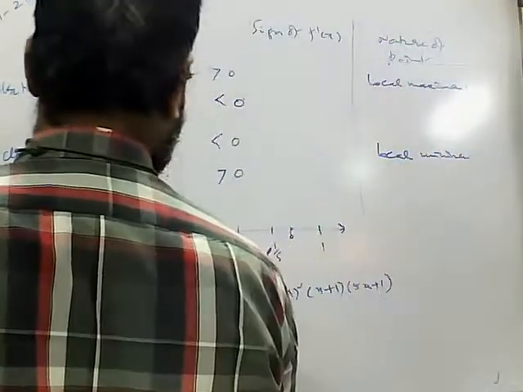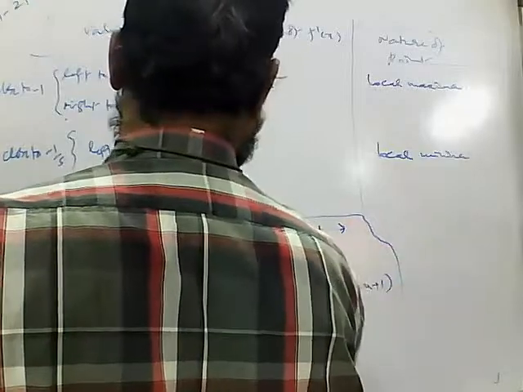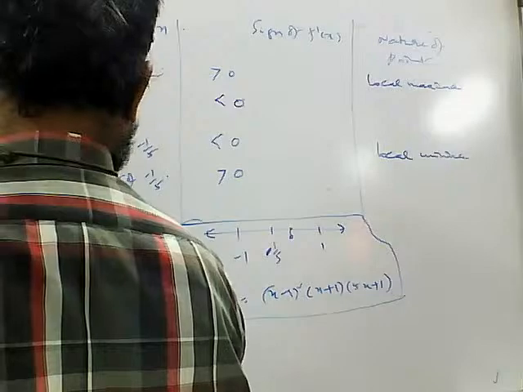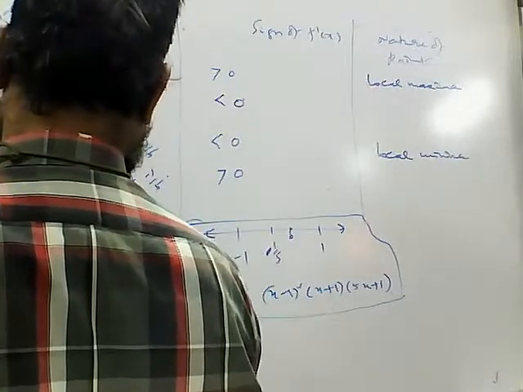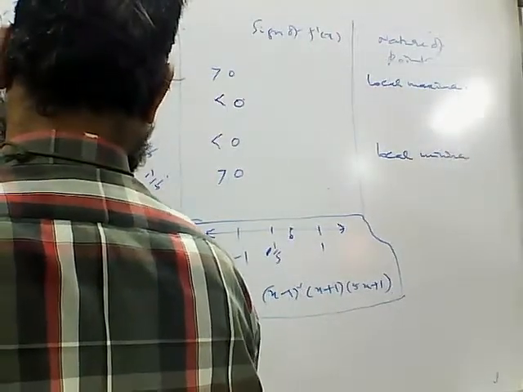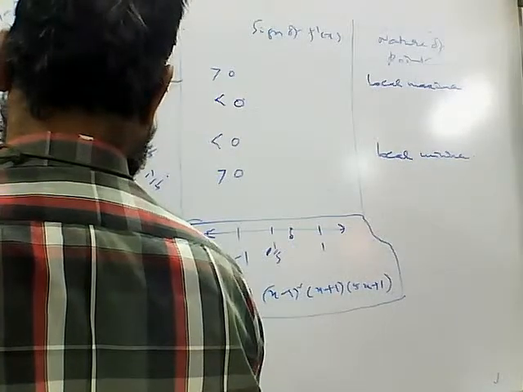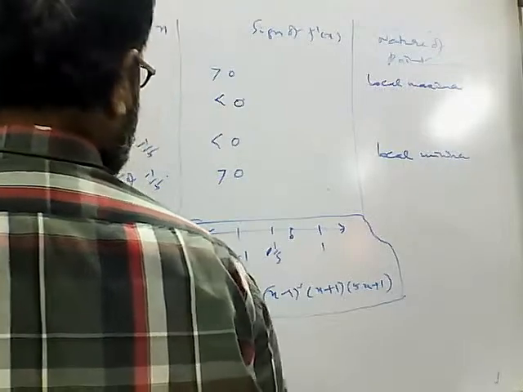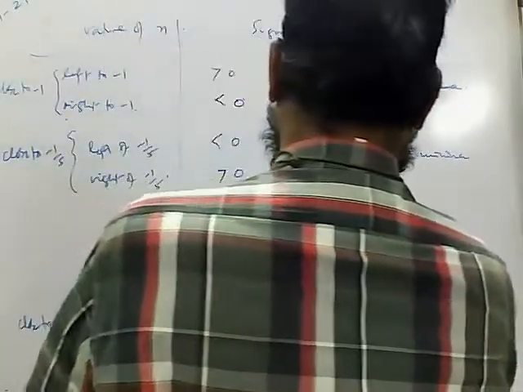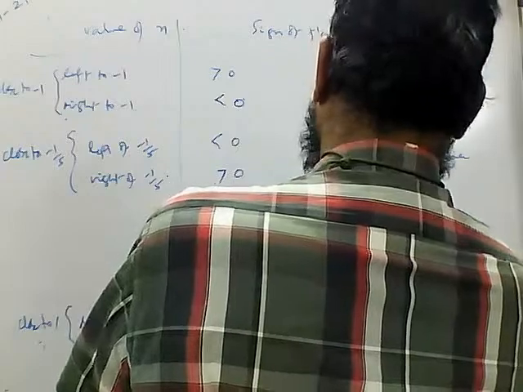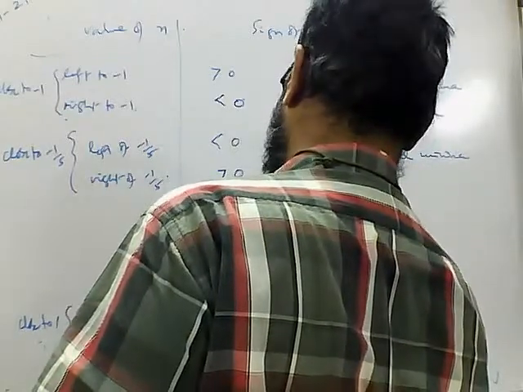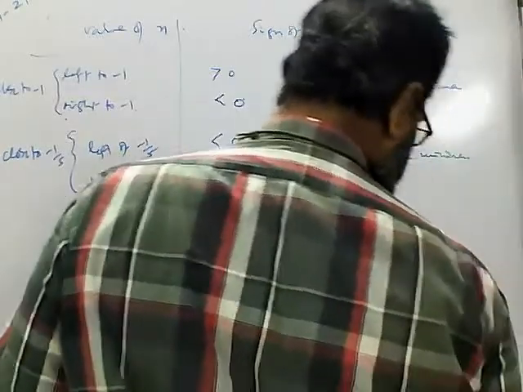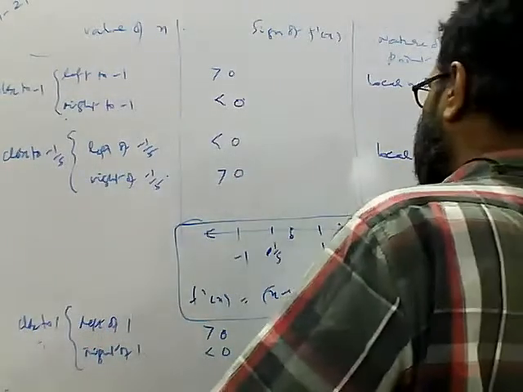Third case, close to 1: left of 1, right of 1. Left of 1, you take 0, greater than 0, and right of 1 also greater than 0.